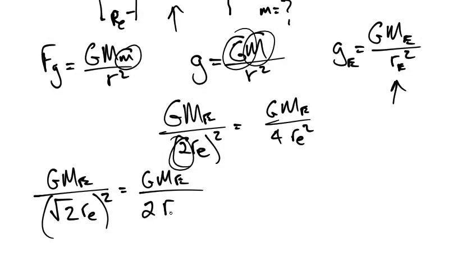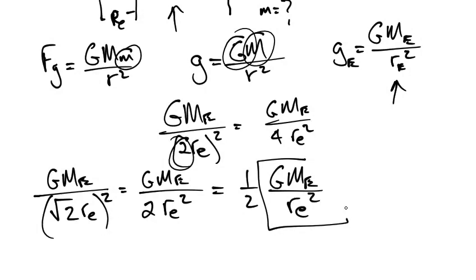Okay? Times the Earth radius squared. Now that is this. And guess what? That is the original gravitational field strength of the Earth at the surface. Therefore, this is 1/2. So how did we have to change the radius in order to get to that value? Well, we had to multiply it by a √2.